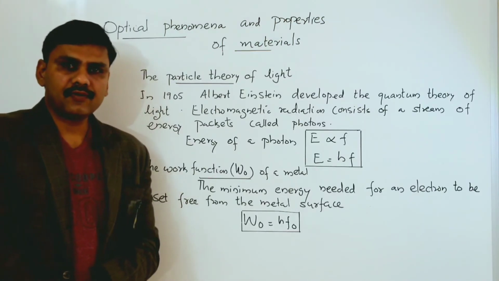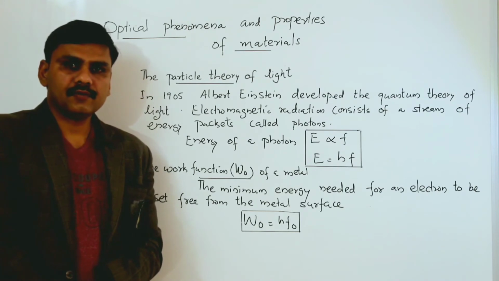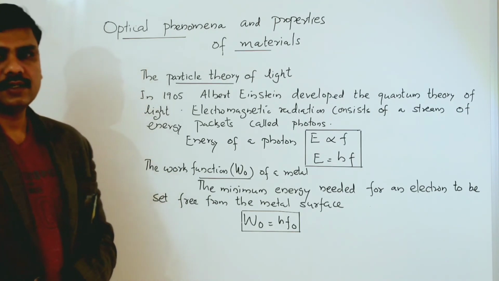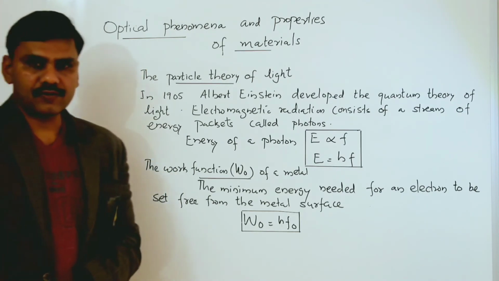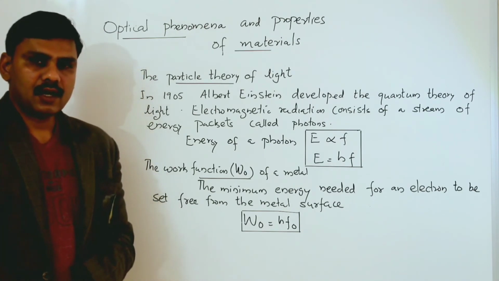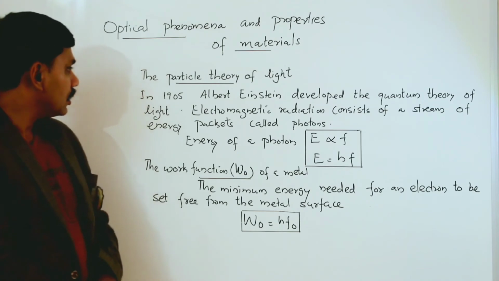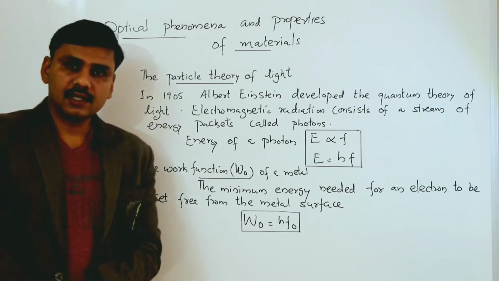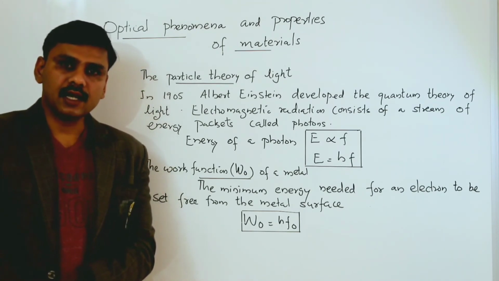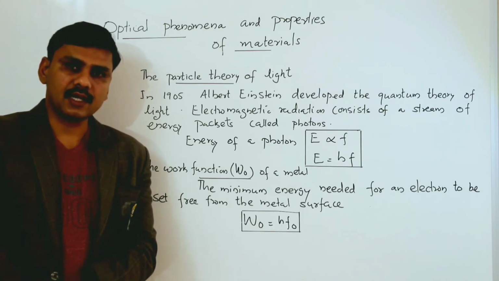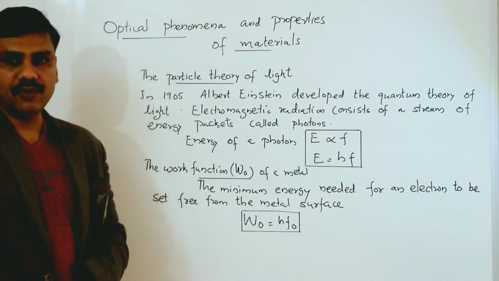After the failure of wave theory of light for the explanation of photoelectric effect, Albert Einstein developed the quantum theory of light, that is the particle theory of light. In this theory, we consider the radiations as particles instead of waves.